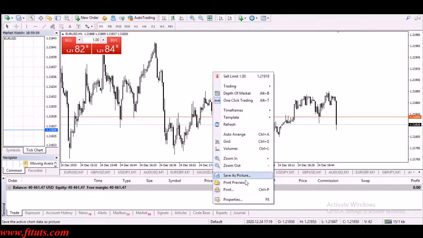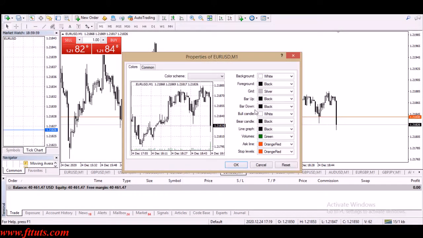You may also use these colors here. For example, if you prefer to trade on green and red, you will be using these ones. Bear candle, you can choose it to red, and bull candle, you can choose it to green.